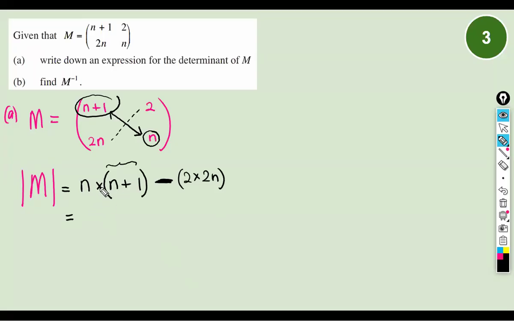I'm watching some people's answers, right? N multiplied by n is n squared. And n multiplied by 1 is n. 2 by 2n is 4n. 2 multiplied by 2n. Now this could simplify, right? You have n squared. Remember, n is the same thing as 1n. Nobody puts in the 1, right?